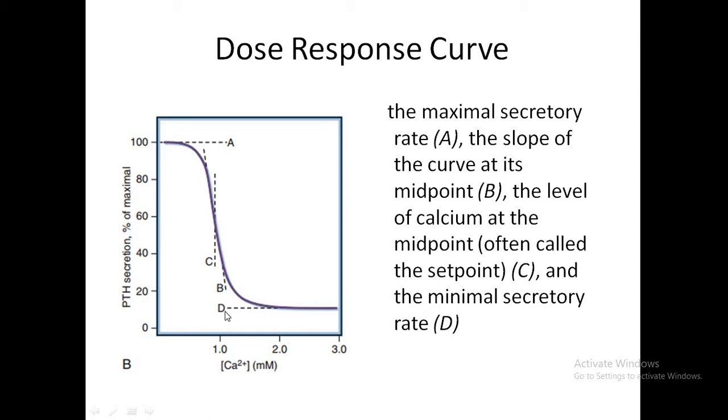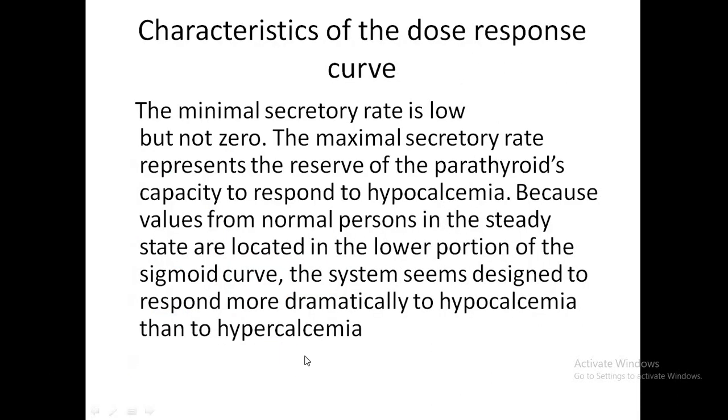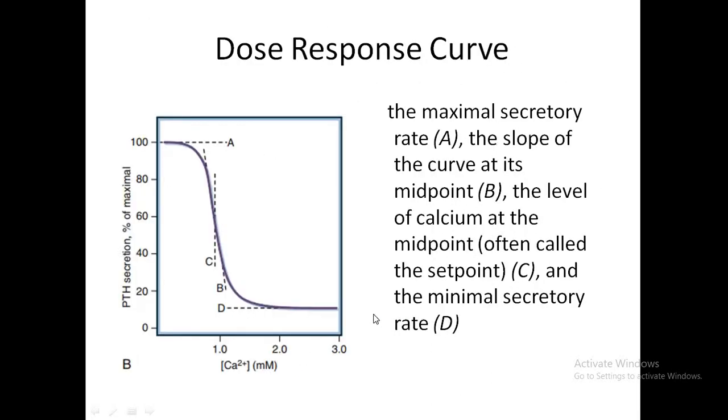As you can see, when the calcium is dropping at the level of 1.3 or 1.4, something like that, there is a sudden rise in PTH, and below 1 it is approximately reaching the peak.